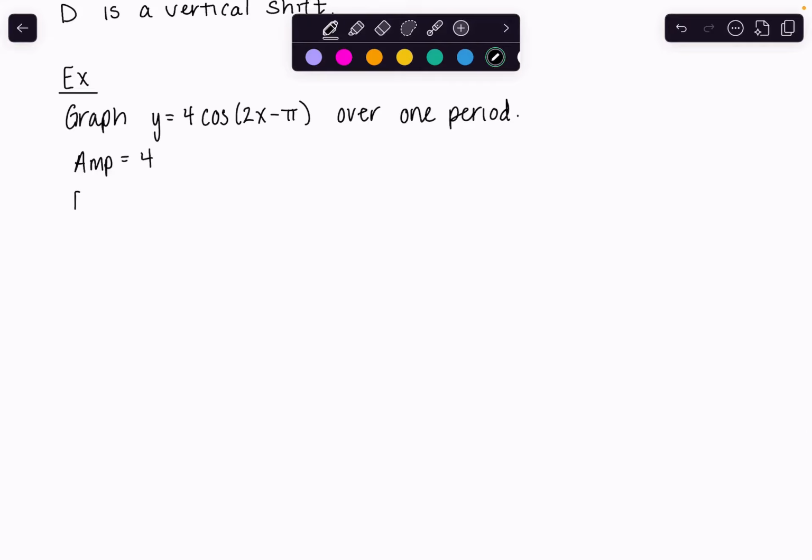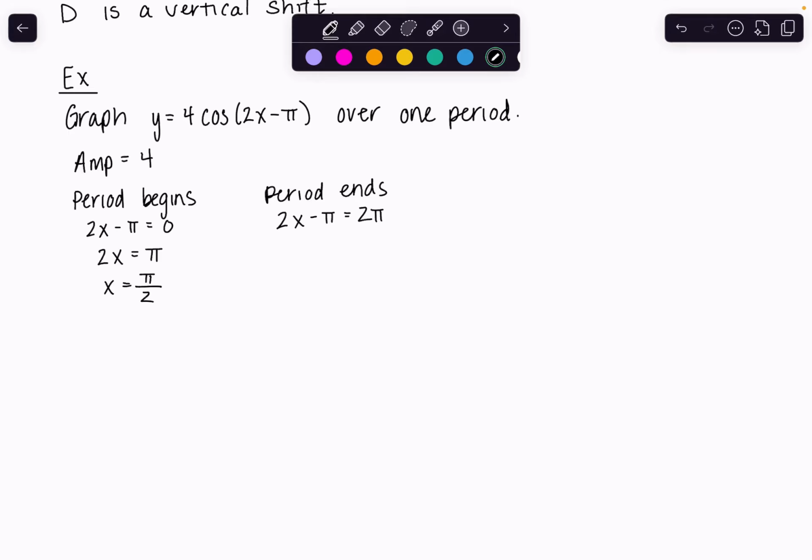Your period is going to begin when this inside is equal to 0, and the period is going to end when the inside equals 2 pi. So this will tell us what two numbers the full graph of the cosine function covers. So solving for x, we go ahead and add pi, then divide by 2.